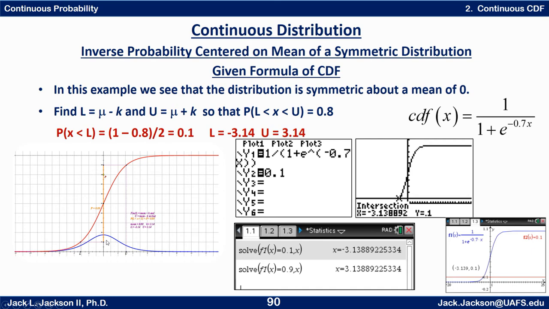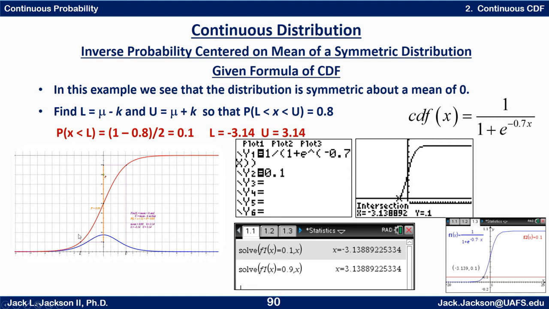We want that to be 0.8. Well, if that's 0.8, then the part that's out on the outside tails is 0.2, and because of the symmetry, we know that's 0.1 in each tail. So 0.1 is over here, 0.1 is here. So the amount of probability that's below this L is 0.1. The amount that's below the U is 1 minus that, which is 0.9.